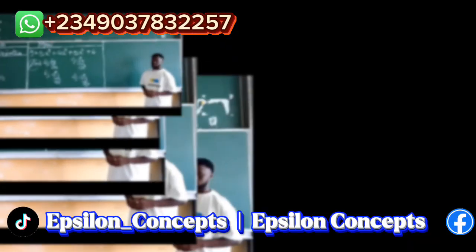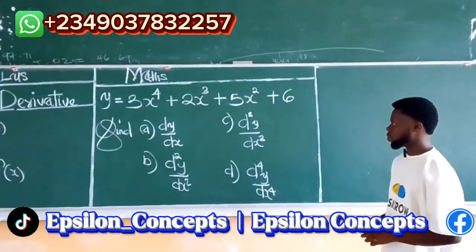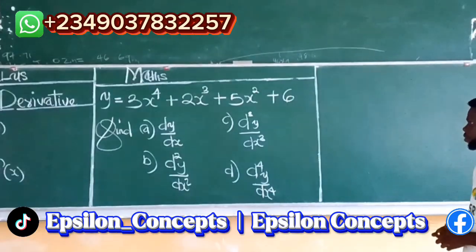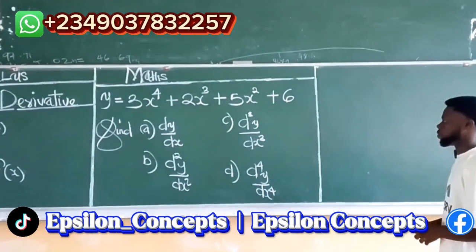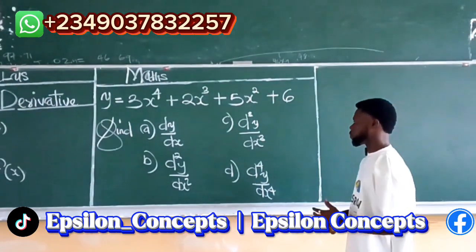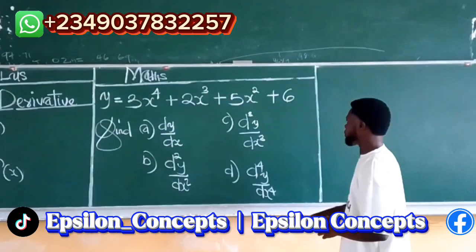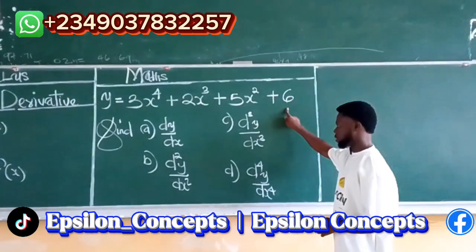So the question on the board is, if y is a function of x, where y is equal to 3x raised to the power of 4 plus 2x raised to the power of 3 plus 5x squared plus 6.